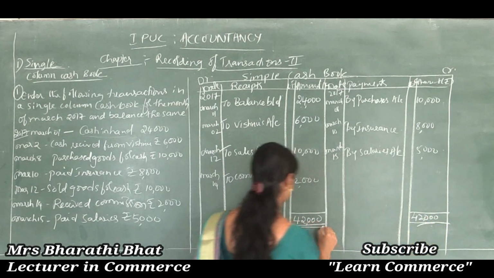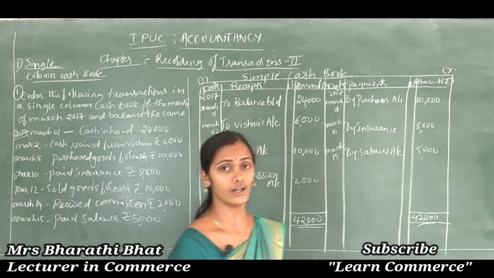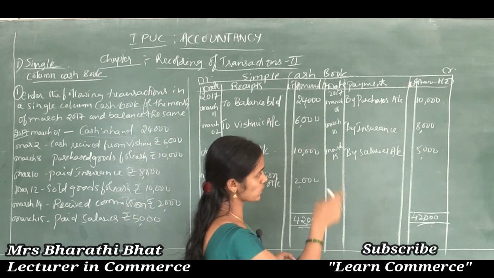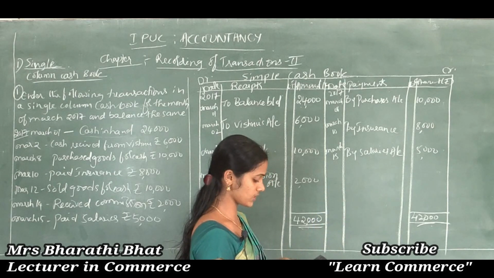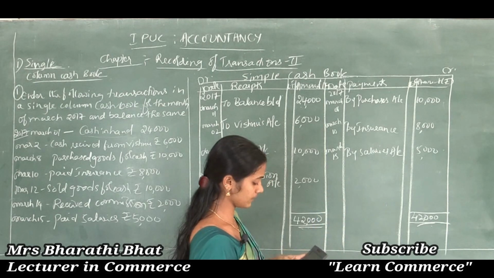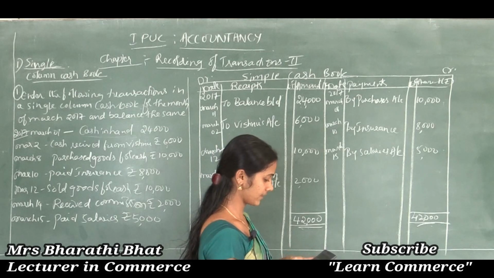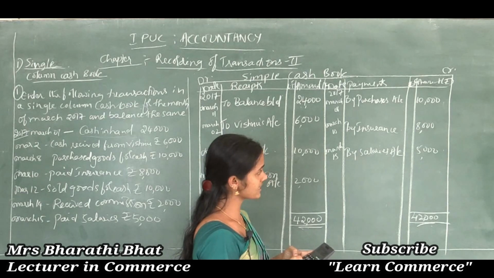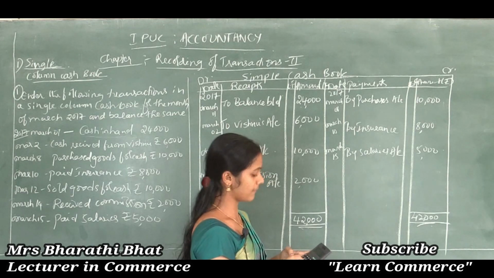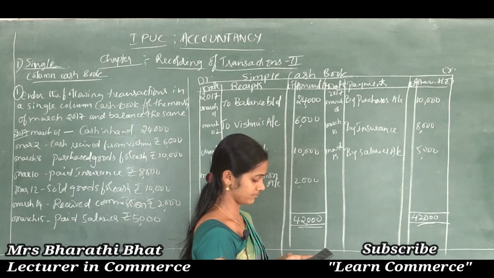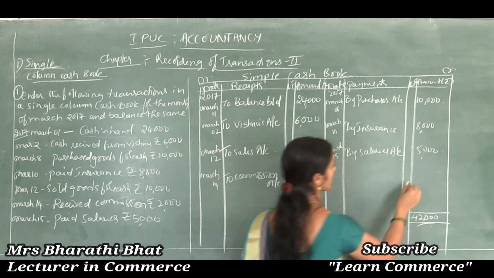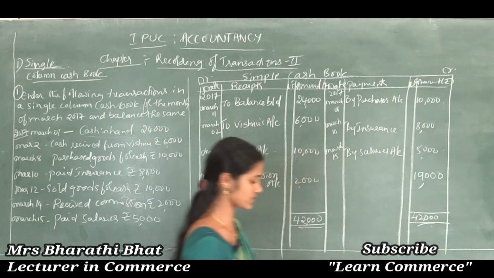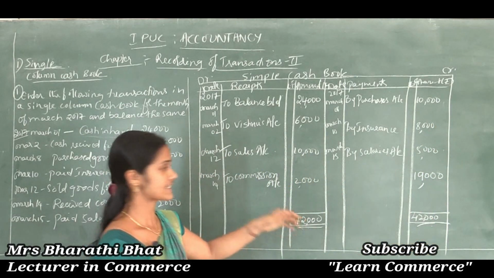Okay, double line 42,000, and from 42,000 we need to deduct the amounts 10,000, 8,000 and 5,000. 42,000 minus 10, minus 8 and minus 5, 19,000. Just by adding 19,000 we will get 42,000. Clear my point? Correct, right?